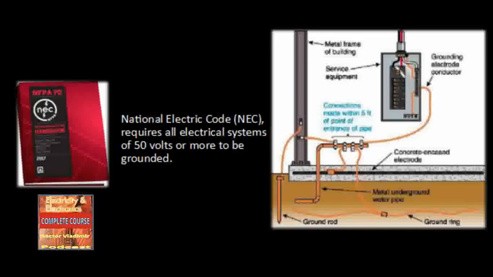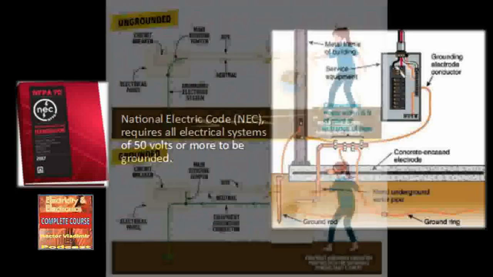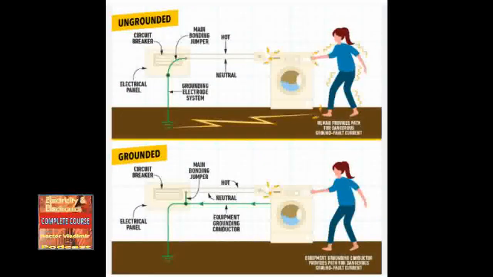Some devices are double insulated, which means the outside enclosure is not grounded. A person using the device will not be in contact with the ground circuit, and thus will most likely not experience electric shock should a ground fault occur. Figure 2-21: when a person touches an energized conductor, his or her body completes a circuit to ground.